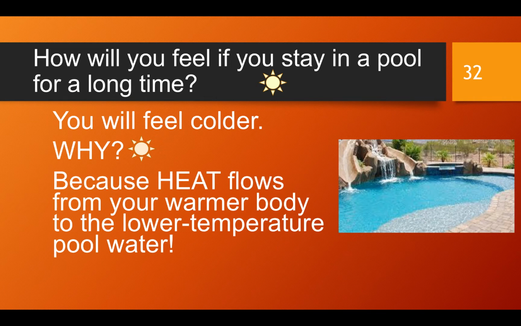It's because heat flows from your warmer body into the lower temperature pool water. Your body temperature is around 98, and the pool water is typically in the 70s or 80s. So it's definitely cooler, and if you stay in the water for a long time, the heat from your body gets transferred to the pool, and you begin to feel cold.